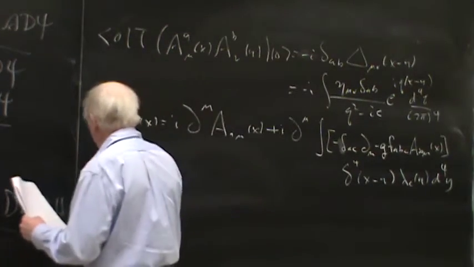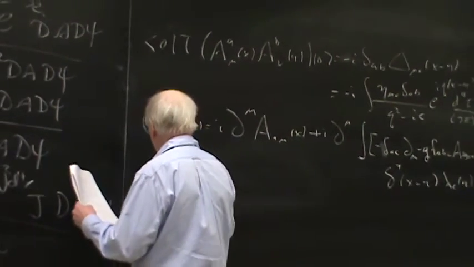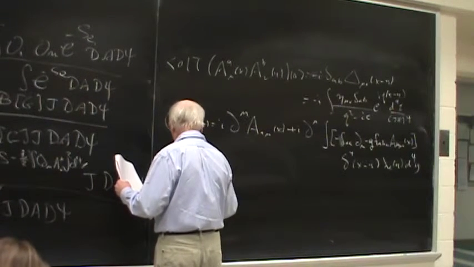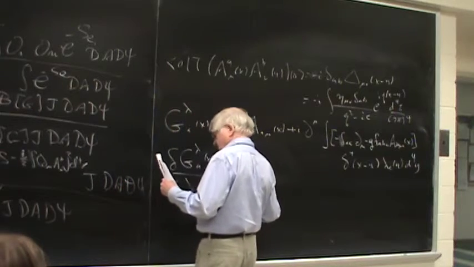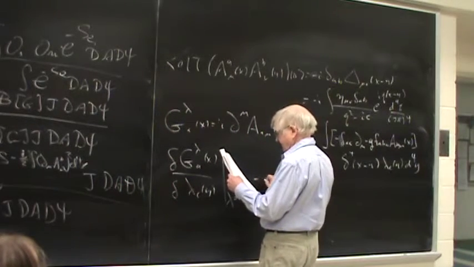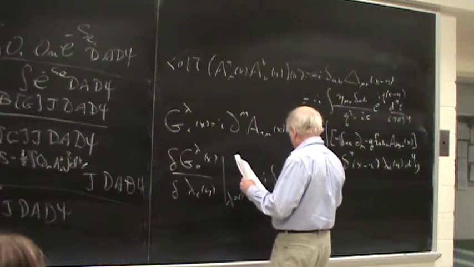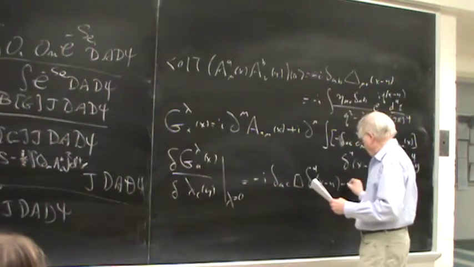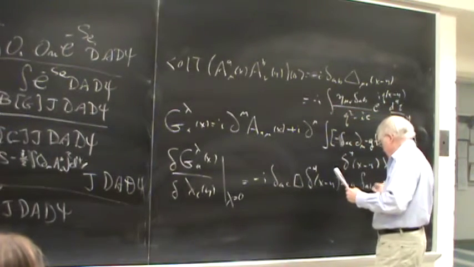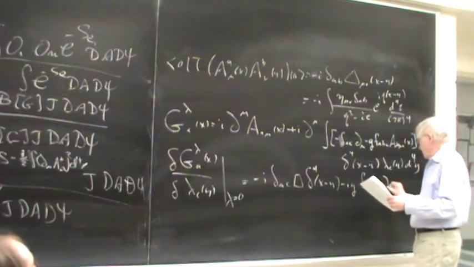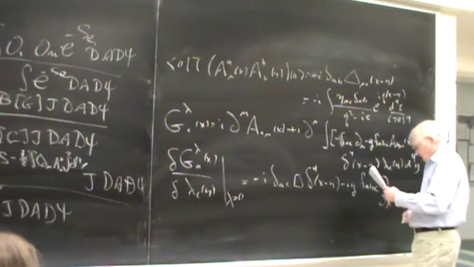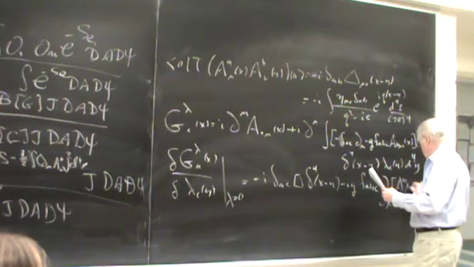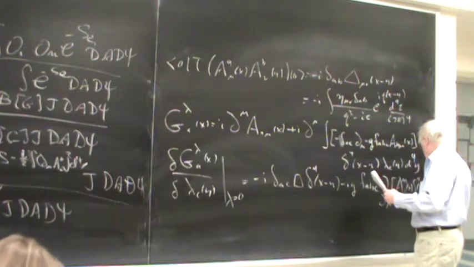And then the functional derivative is, we're sort of running out of time here, dg lambda a of x over d lambda c of y at lambda equal to 0 is minus I delta AC box delta 4 x minus y minus I g structure constants f ABC, and now d by dx mu of a mu b of x delta 4 x minus y.